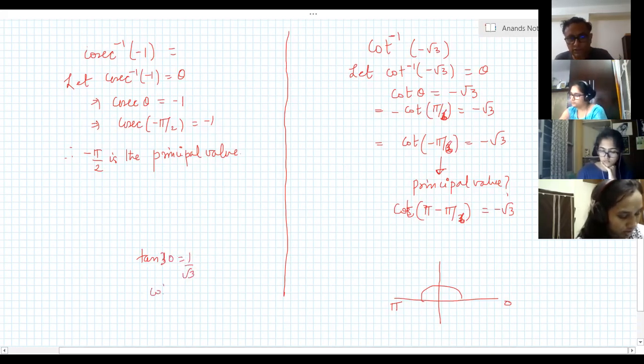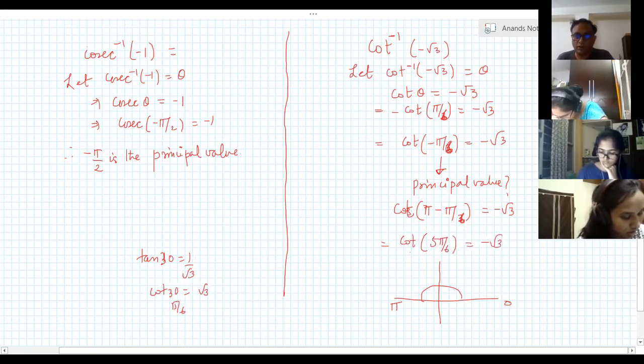So cot 30 is root 3. 30 means pi by 6. Okay, that means this is going to be cot of pi minus pi by 6, 5 pi by 6, which belongs to 0 to pi.